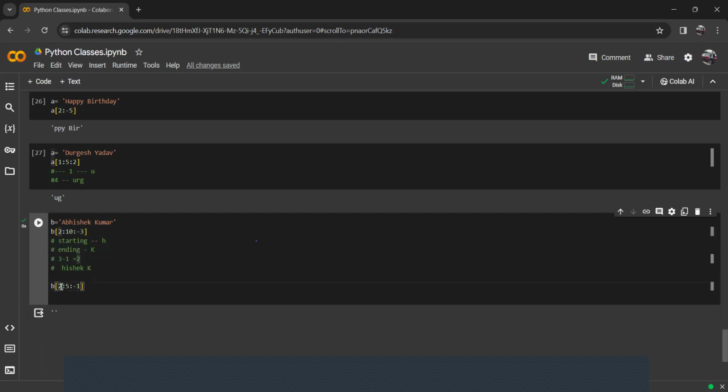But if you are giving nothing here, then by default the string will start from the last and it will just reverse the string. So basically this colon minus 1 is used for reversing the string.